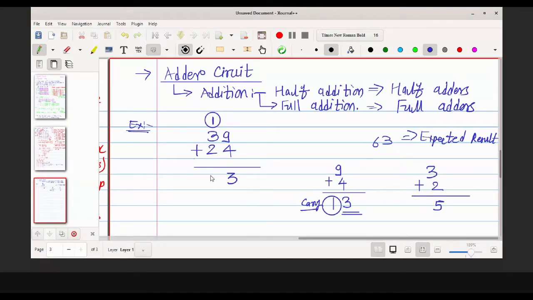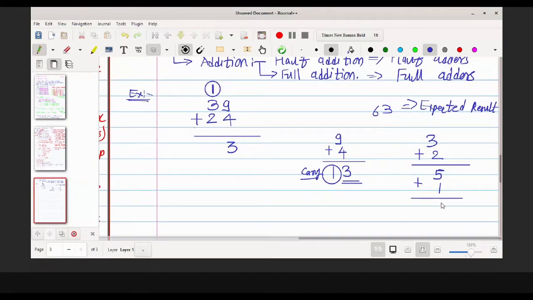Okay, so if I put 5 over here, am I going to get the correct result? The answer is no, right? So what should I do? I should do one more addition. An addition with what? The carry generated from the previous stage. So this carry I need to add, right? So it becomes 6.